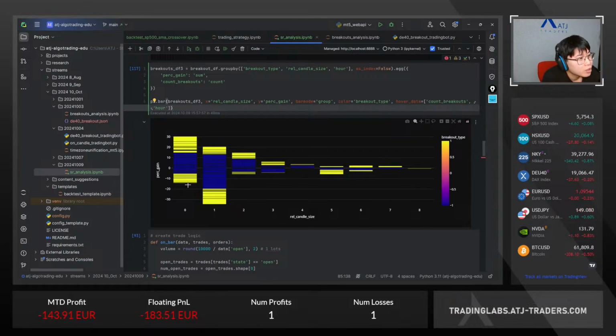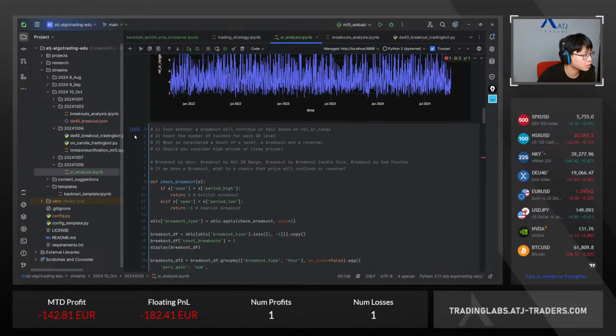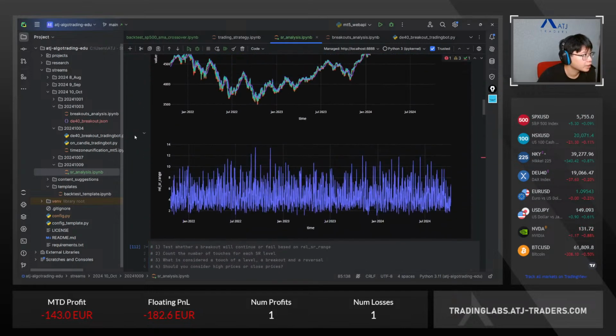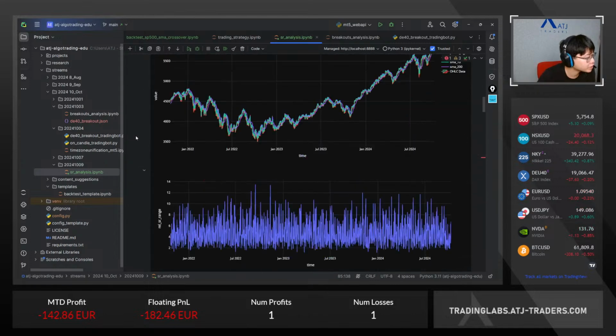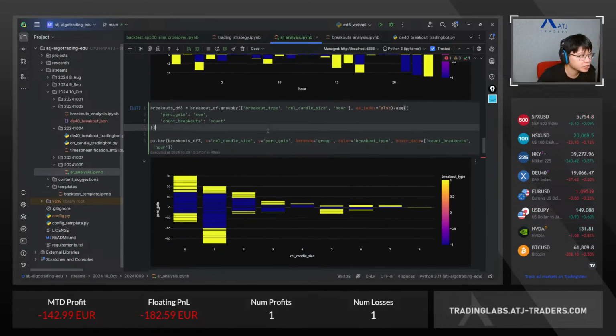Maybe once we start testing based on hour, then relative candle size, then based on count breakouts, count retests, and so on, everything we've computed here, machine learning will come in handy when you have a lot of parameters. Right now I'm still testing on a very simple level because I like it simple. But maybe one day we'll find so many parameters that we want to test, and this is where we maybe can use machine learning.